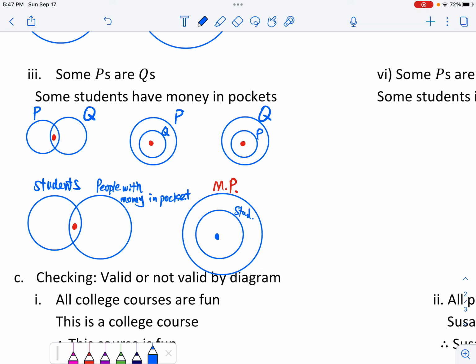So here you do see that some students have money in pockets. Or this can be this one, student outside, and then here inside is money in pockets, and this is another possibility to represent this statement.